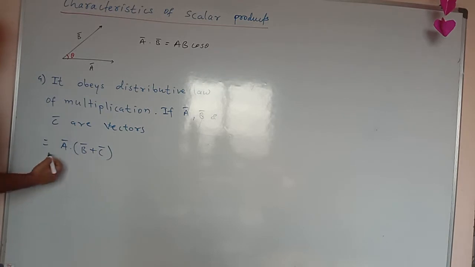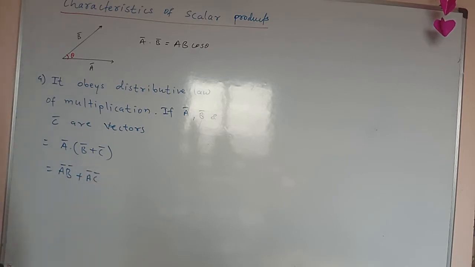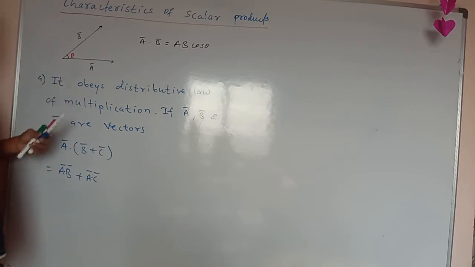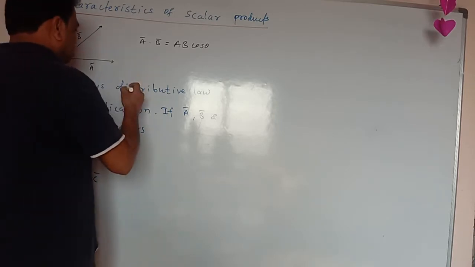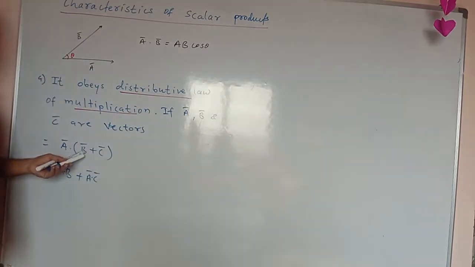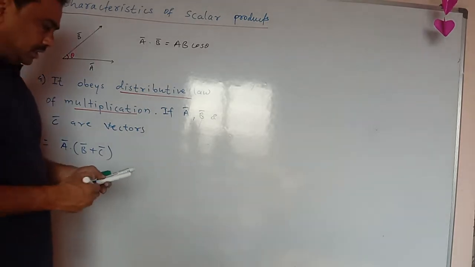Vector A multiplied by vector B plus vector C is vector A dot vector B plus vector A dot vector C. This is the distributive law of multiplication, so the dot product obeys this distributive law: vector A dot (vector B plus vector C) equals vector A dot vector B plus vector A dot vector C.